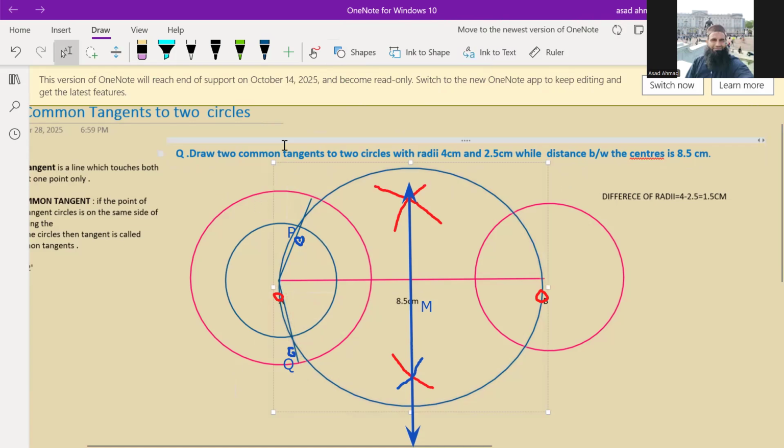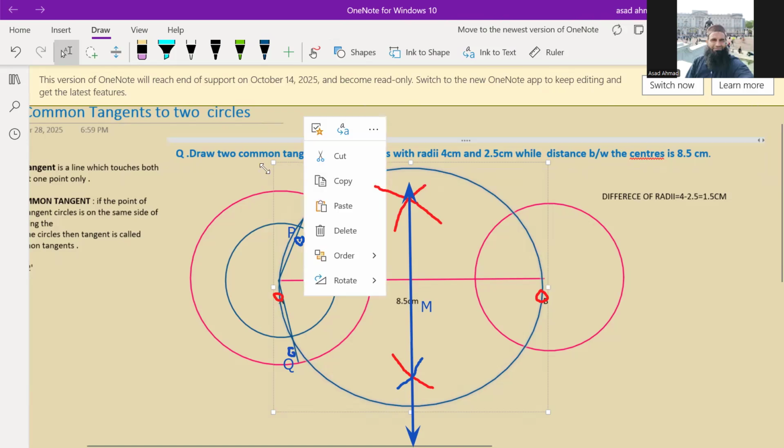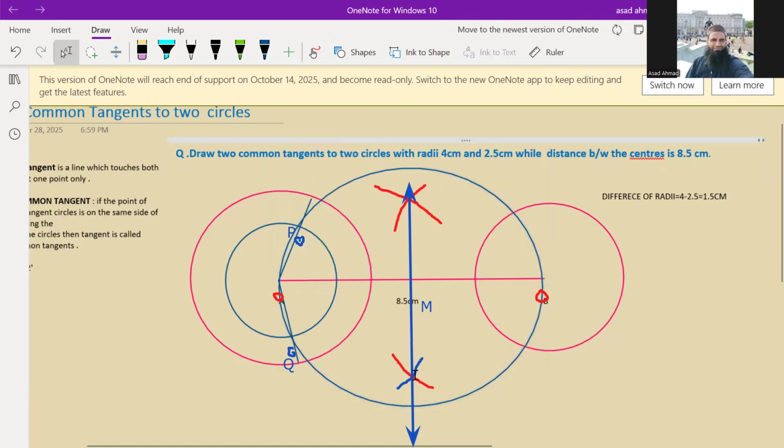This point is labeled, let's suppose we call it T1 point, and this point where the tangent is reaching, that point is labeled as T2 point.